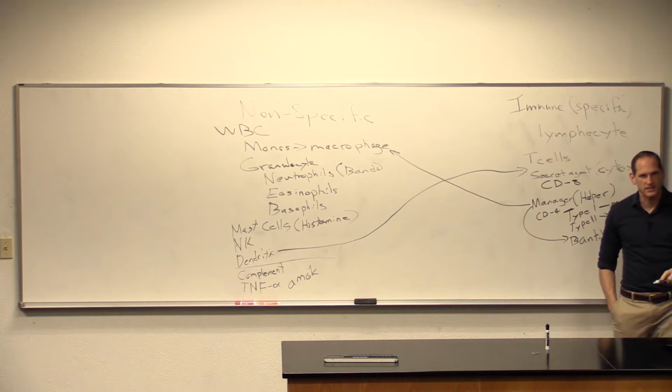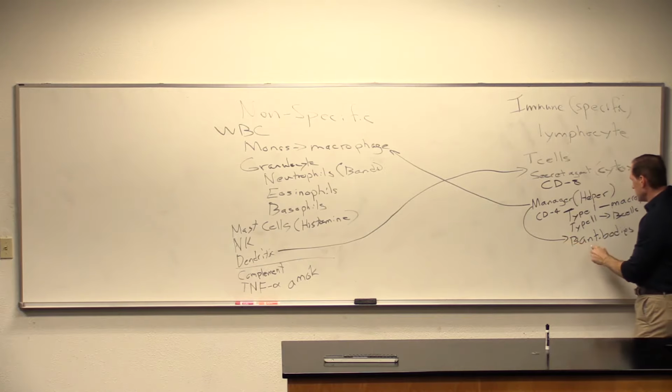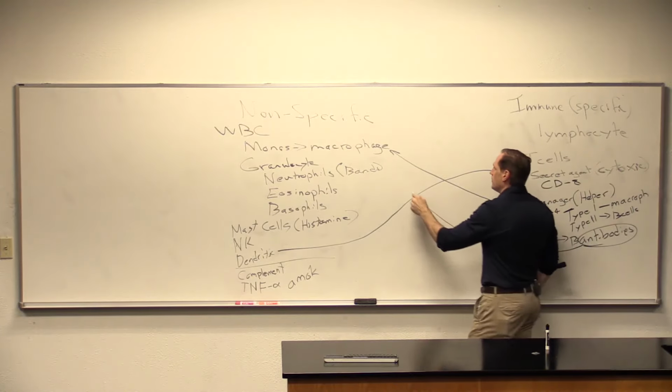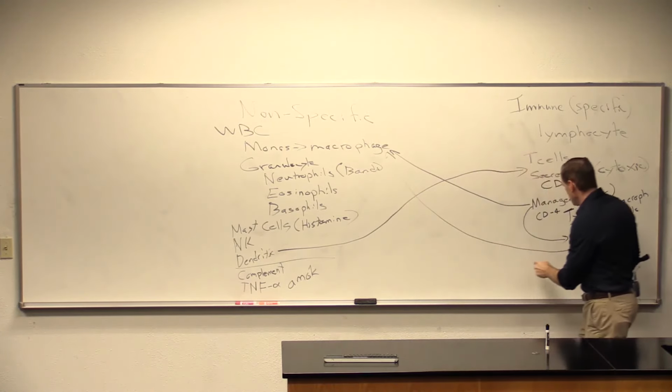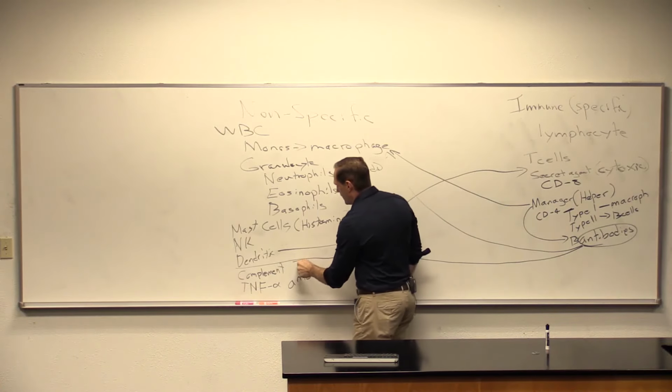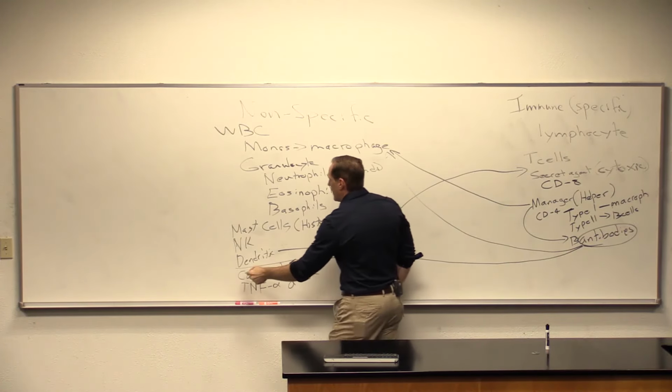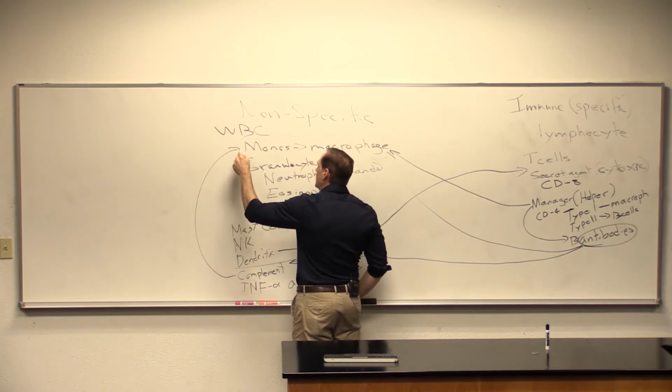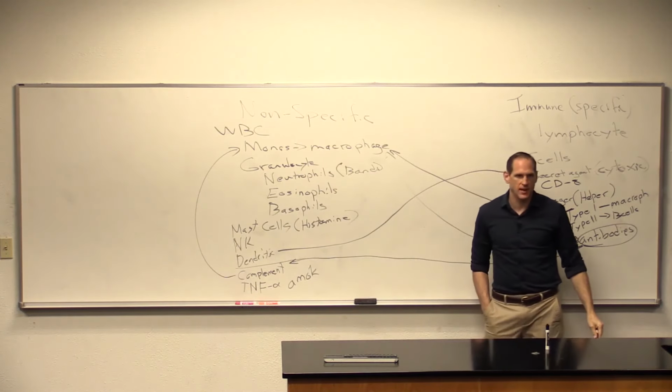B cells are going to produce antibodies, which in turn help direct macrophages and help activate the complement cascade. And the complement cascade then helps macrophages do their job better.